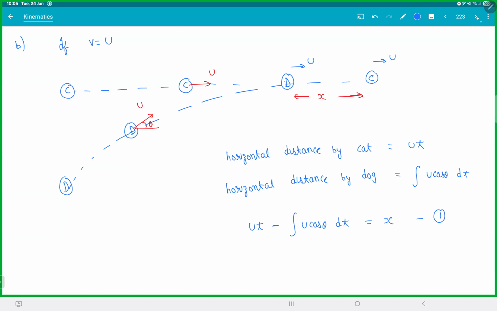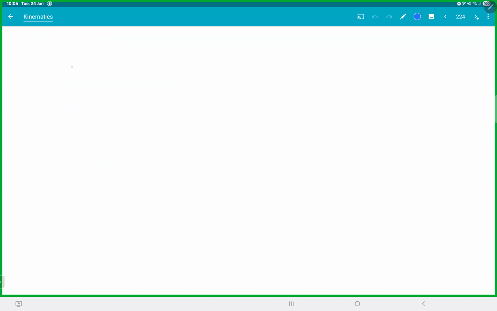Next, what? The second part, stop the cat. That story is always there. So when the cat is here, this dog is chasing the cat. So let's stop the cat. This is going with u. This is also theta. So this component is u cos theta, this is u sin theta.